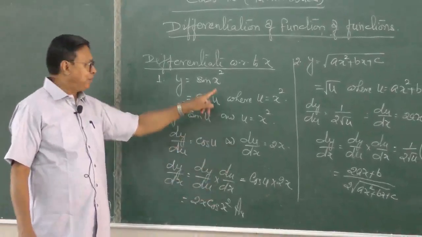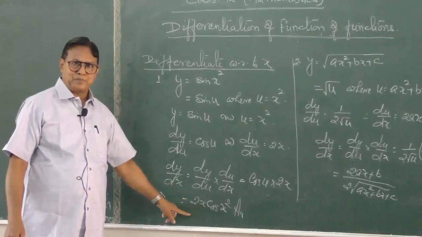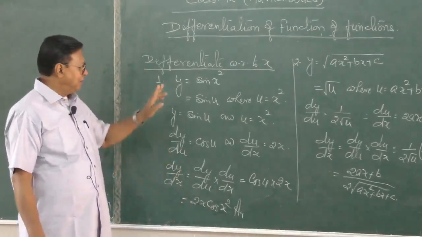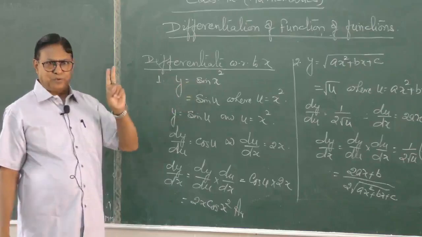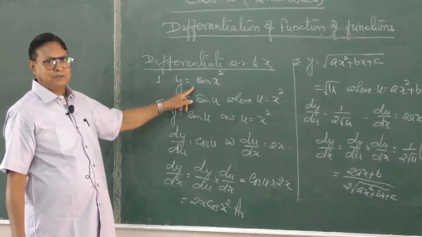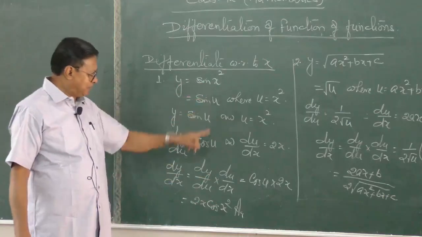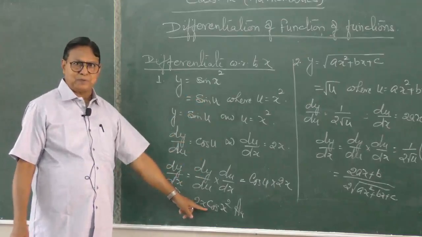And differentiation of x square is 2x. Multiply them together. I repeat: y is sine x square, two functions involved. Differentiation of sine is cos, so sine x square will be cos x square. x square is 2x. Multiply them together.